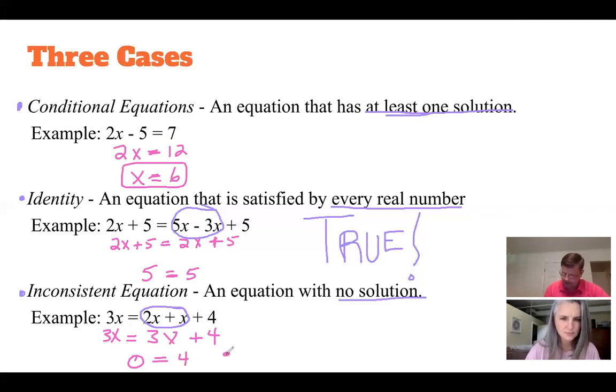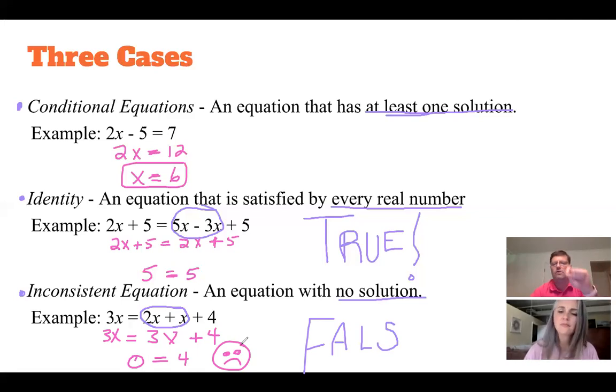And that makes me sad. And that's false. That's a case that is never going to be. You can pick any number. There is no number that we can put in for x that's ever going to make that true. So that's a statement that's always wrong.